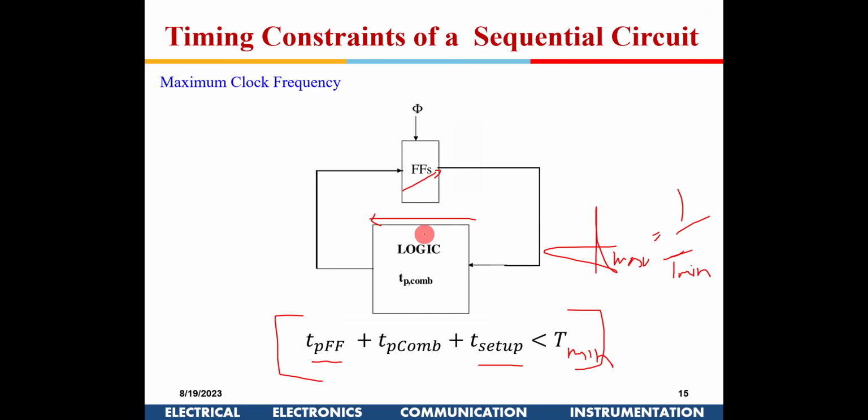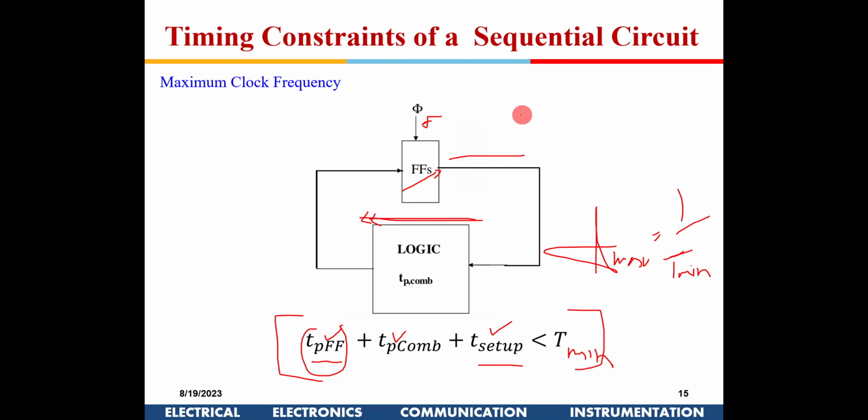If the setup time of this flip-flop, the combinational circuit delay, and the propagation delay of this flip-flop are given, then when I give one clock out here, before the next clock comes, this data needs to travel from here to here, and it also has to cater for the setup time of this flip-flop.